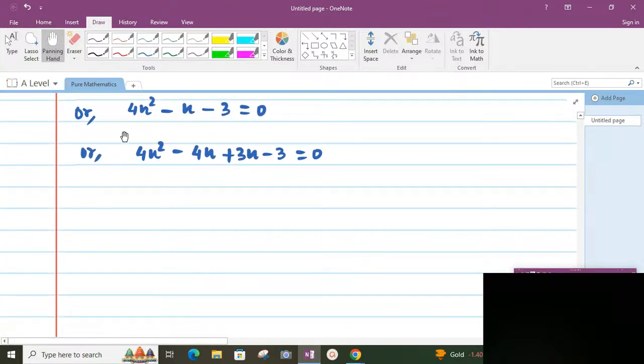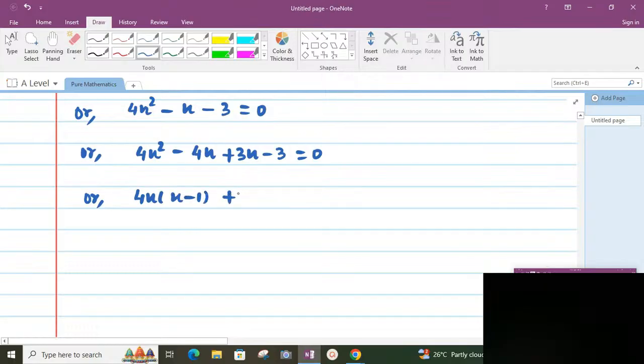Let's see the next step. Here will be, we take 4x as the common, then we get here x minus 1 plus, now we take 3 as the common, then we get here x minus 1 equal to 3.